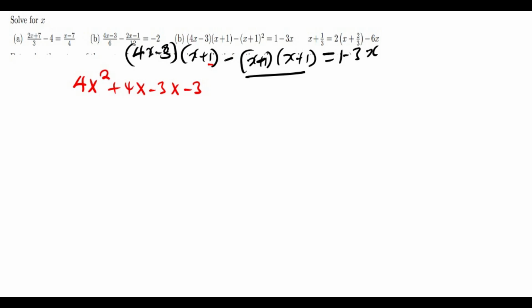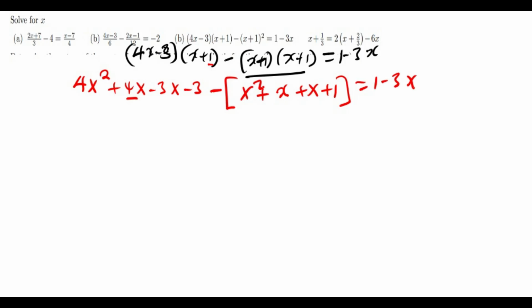Now, here is the issue. This negative is going to affect everything. Now put a big bracket. So you say x times x, that is x squared, x times 1, that is x, then 1 times x, that is x, then 1 times 1, that is 1. You put a big bracket because this negative is going to affect everything inside there. That should be equal to 1 minus 3x.